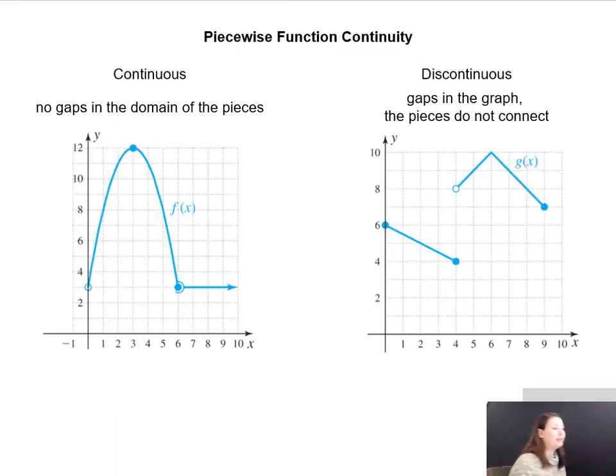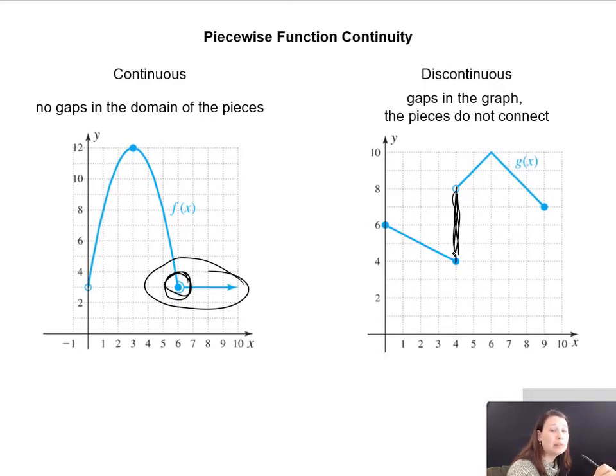So now some visual examples. This one, the one on the left, the continuous graph, notice the pieces, because it changes behavior for this section over here, right? This point right here is the point that you have to check. Do the graphs or do the pieces connect? On this one, yes, they do. So this graph is continuous. If we notice here, this gap right here, right, that's the issue.